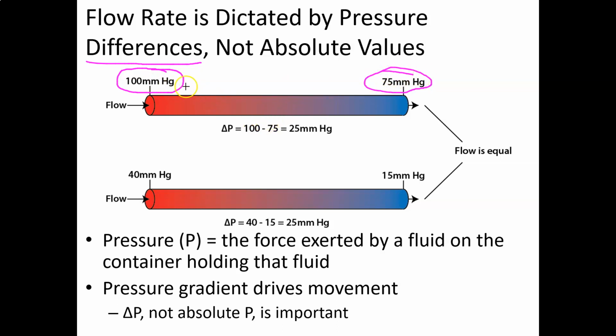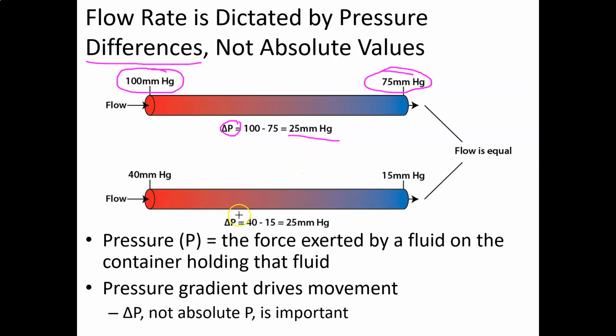So the difference in pressure, the delta P, equals 100 minus 75, so that's 25 millimeters of mercury. Remember, in this class we always measure pressure in millimeters of mercury. Sometimes in a clinical situation, they might measure pressure in centimeters of water, especially in terms of pulmonary function. But generally speaking, if we're talking about pressure, we're going to use millimeters of mercury.